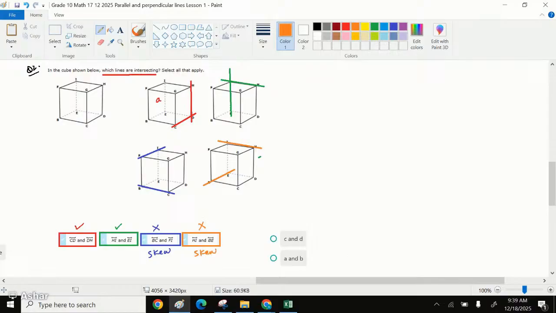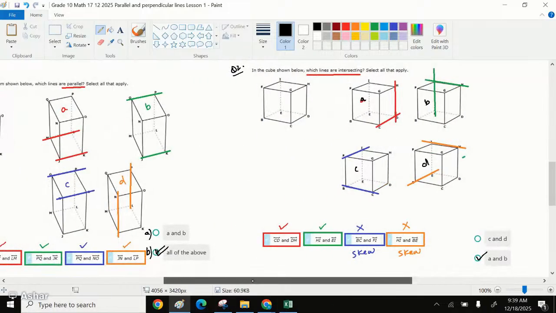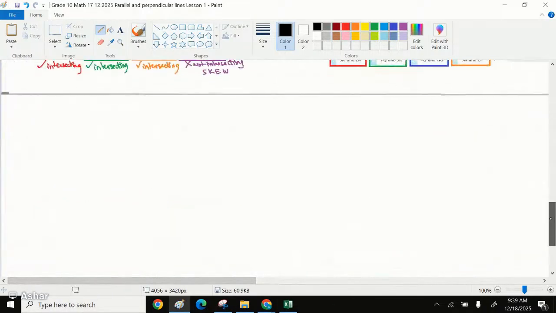So which two options are there? Option A, option B, option C, and option D. I think A and B. When we click on options A and B, they will tell us whether our answer is correct or incorrect, right? Let's look at another question from this.